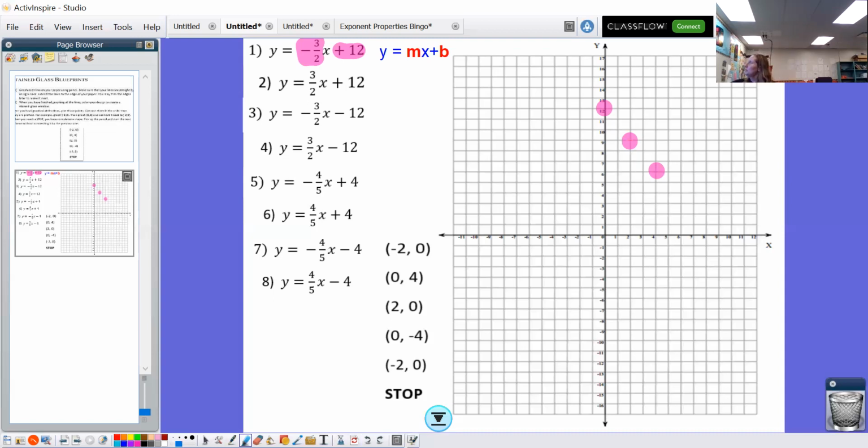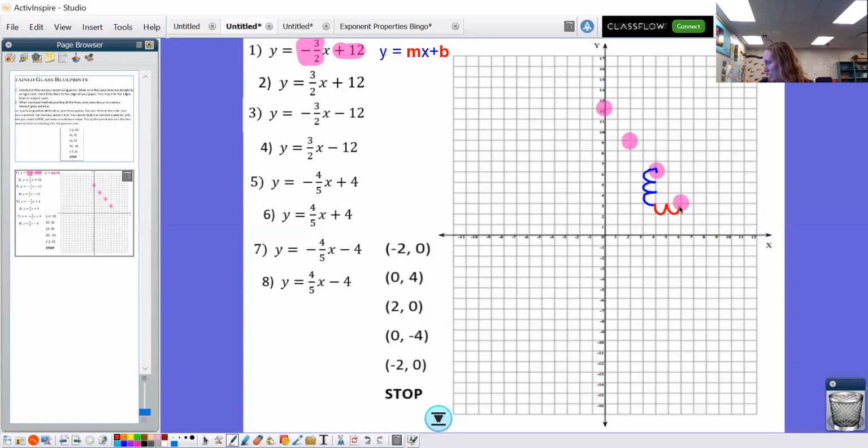Move down 3 units, 1, 2, 3, and to the right 2 units, 1, 2. Again, I moved down 3 units and then to the right 2 units. Are you with me?